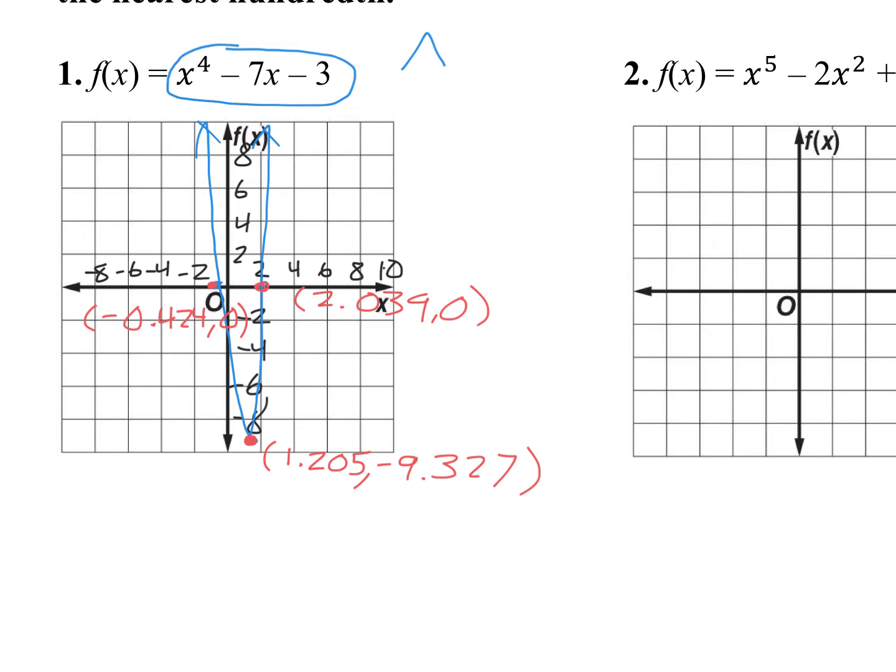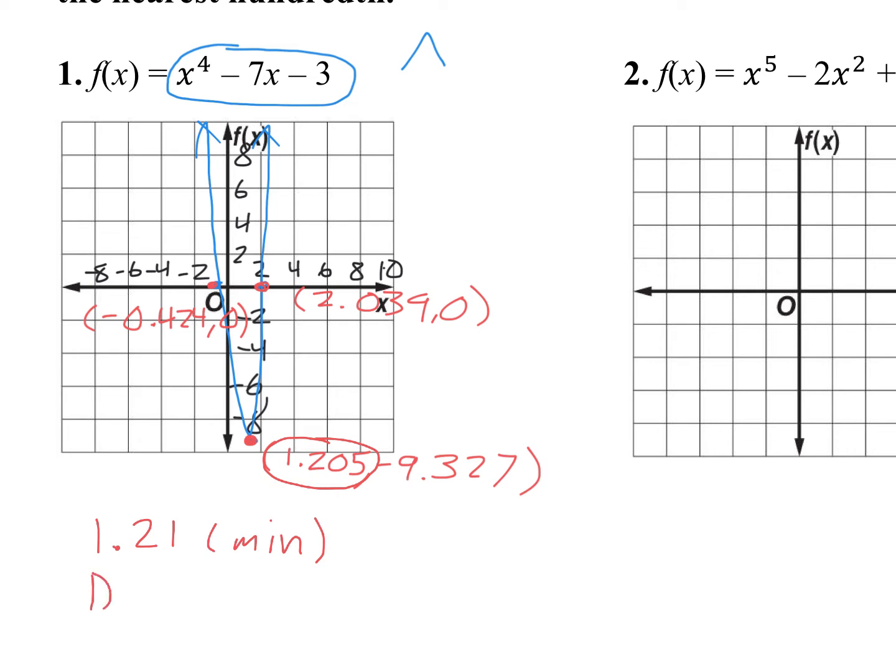This graph only has a min, and we clicked on that earlier. This is the x coordinate at the minimum. The directions say to round to the nearest hundredth, so that would be 1.21, and then in parentheses, I'm going to indicate that that is a min. That's the true min. It's not even a relative min. That's the true min because it never goes lower than that.